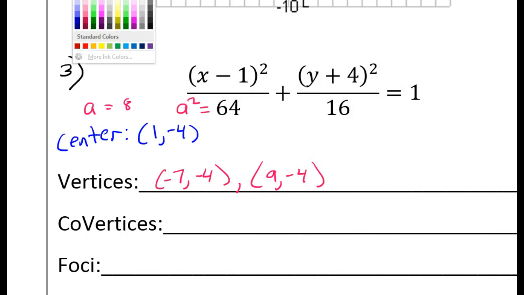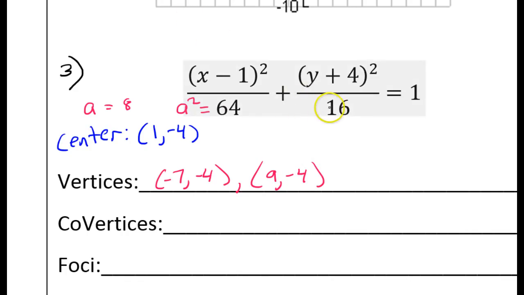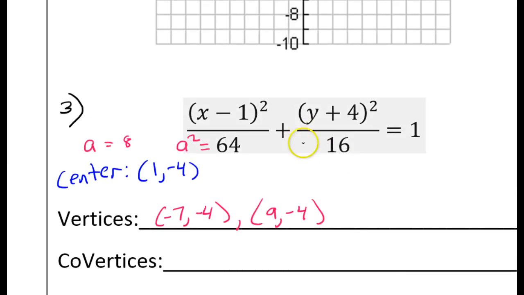All right, now let's find the co-vertices. Well, I need the b value for that. B squared is going to be the smaller denominator. So that means b is equal to 4. Because the 16 is with the y term, I will do plus and minus 4 in the y direction.